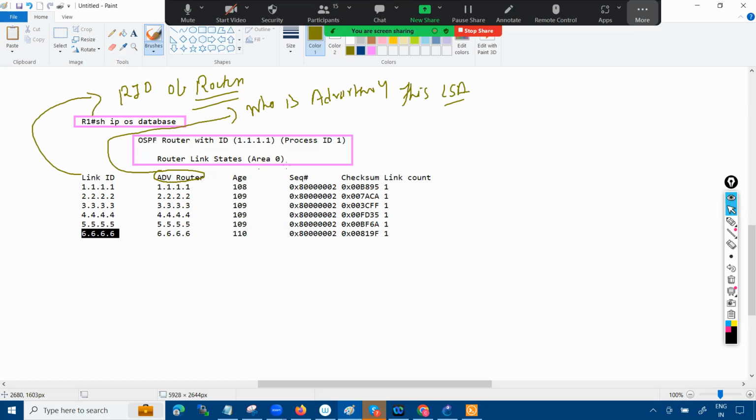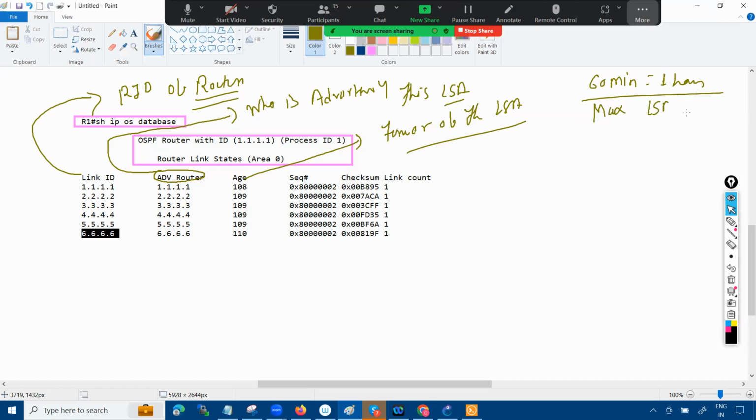Age is just the timer of the LSA. The max timer goes up to 60 minutes, that is 1 hour, known as the max LSA age. And half of this, 30 minutes, or 1800 seconds, is called the LSA refresh time.